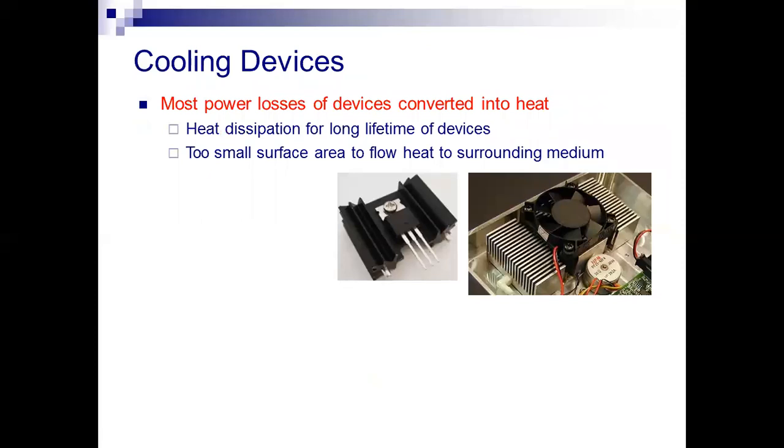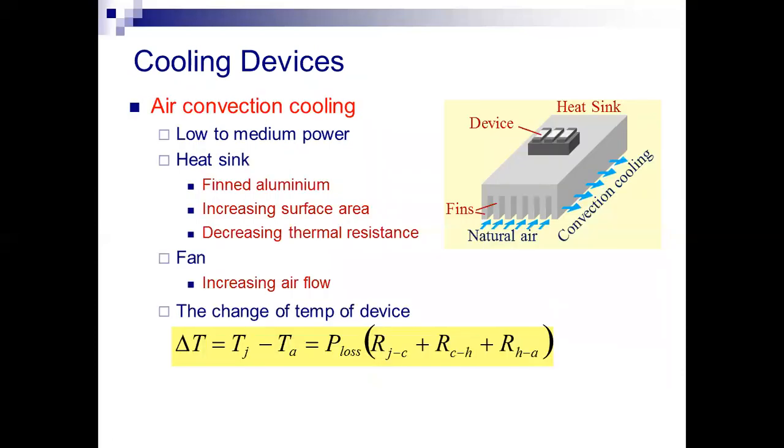Most power losses of devices are converted to heat. Heat dissipation is needed for long lifetime of devices, since they have too small a surface area to transfer heat to the surrounding medium. For cooling devices, there is air convection cooling, a low to medium power heat sink, finned aluminum, increasing surface area. If you observe here, this is the heat sink.